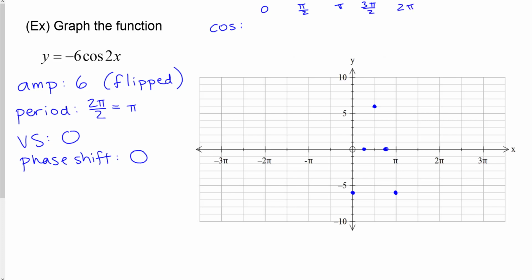So I need to be at my maximum, then I'm at 0, then I'm down at my minimum here, then I'm at 0, and then my maximum. So if I need to complete this cycle by pi, I basically divide each one of these by 2. So 0 divided by 2 is 0. 2 pi over 2 is pi. So that means I've finished that cycle by pi.